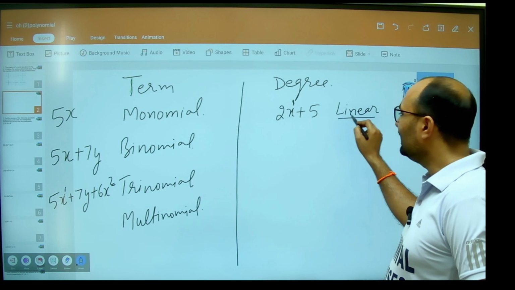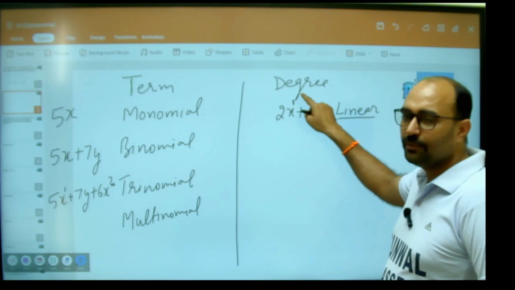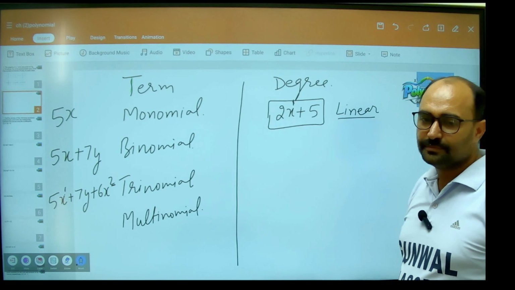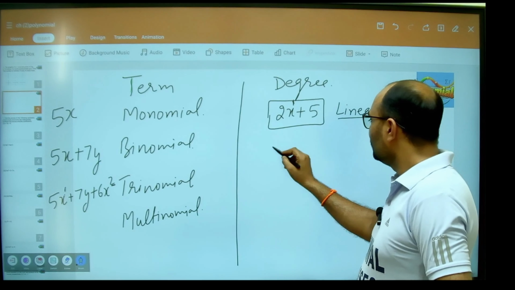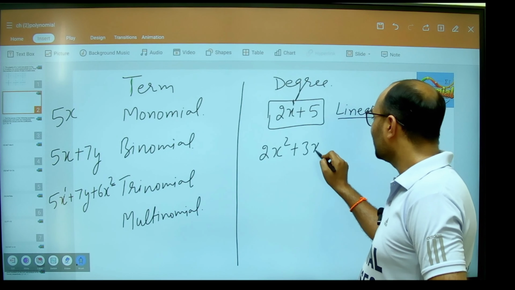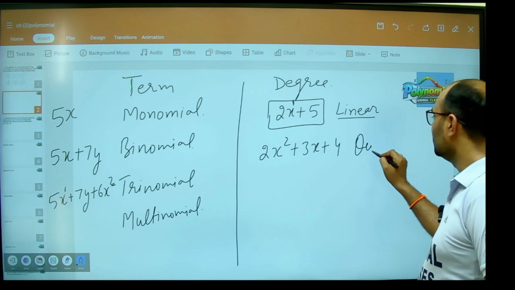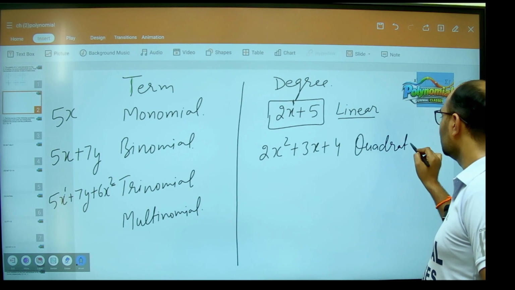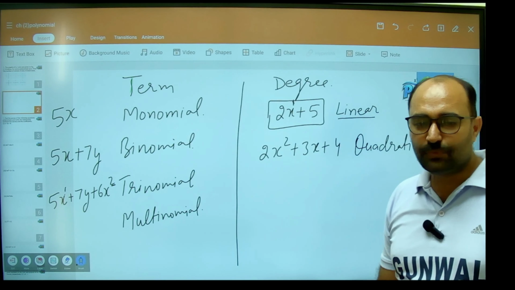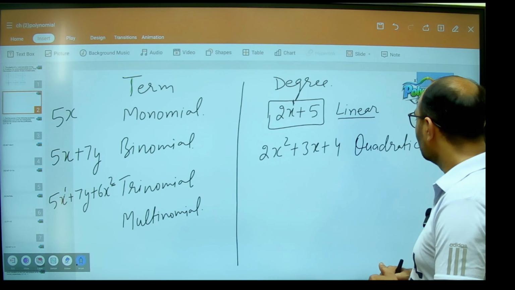We will say this is a linear expression in one variable. How many terms are here? Two terms are here. Now, if this is written as 2x square plus 3x plus 4, this is quadratic. It means the expression has the highest variable exponent as 2. So this is quadratic.